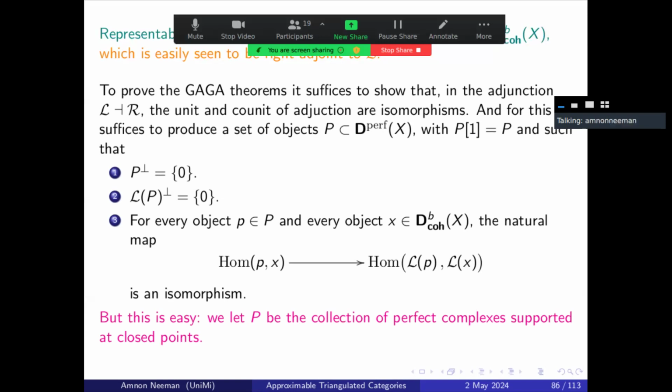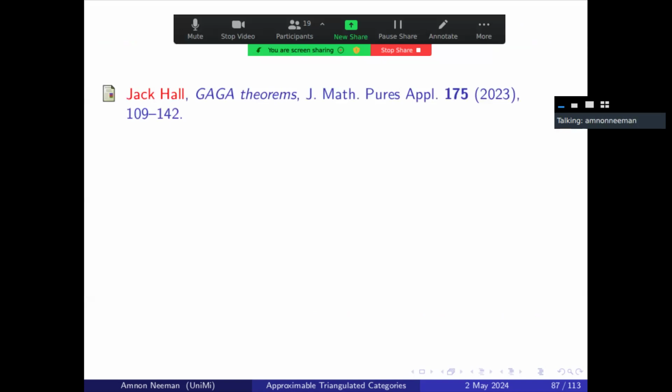So I leave out the details, but I should give credit where credit is due. The central idea behind this beautiful proof of Gaga is due to Jack Hall. Jack Hall had the idea that it was possible to prove all the Gaga theorems in a unified way using representability theorems and a simple trick. Of course, at the time Jack Hall came up with the idea, the representability theorems weren't strong enough.